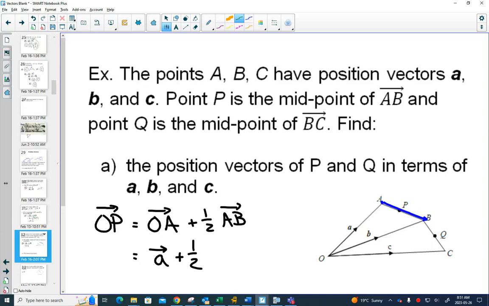Can you see that you could get there by going backwards on A and then along B? If I went backwards along A, that would be negative A. And then forwards on B.